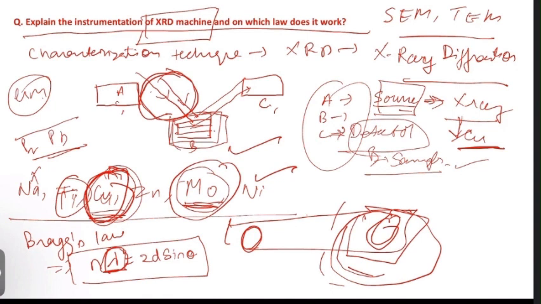And what is our source? Monochromatic light. Yes, but the source is copper, right? Copper. Yes, ma'am. And now we have talked about monochromatic. What do you mean by a monochromatic source?